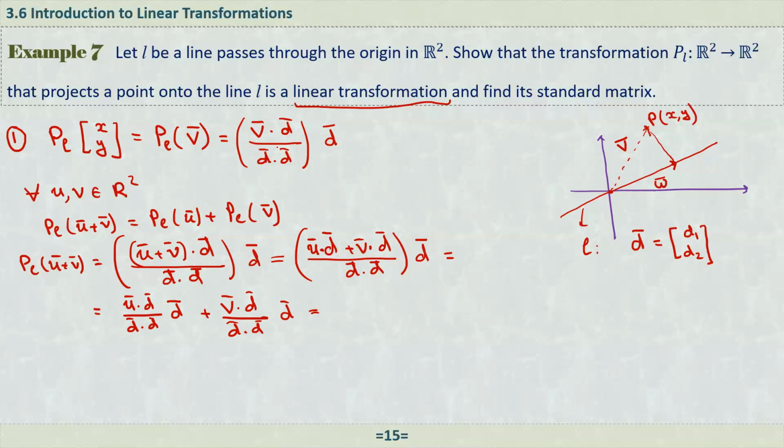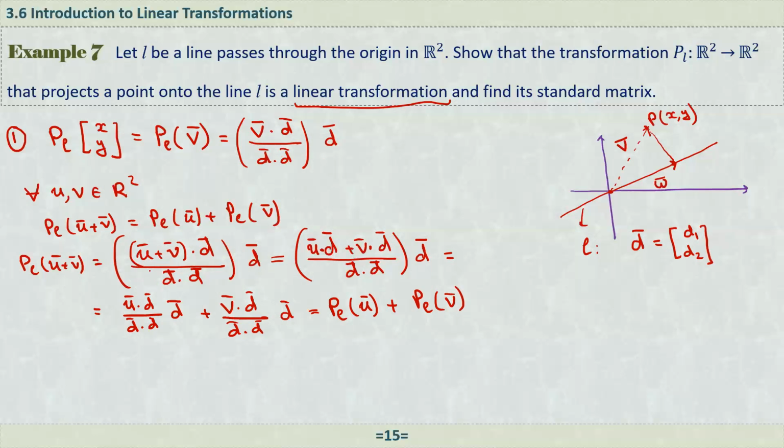It's exactly the same thing as before, just with U instead of V. That is the projection of U onto the line. And the second one is exactly the same: it's the projection of V onto this line, so that is PL of V.